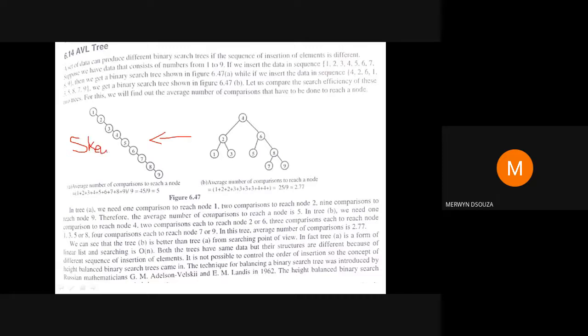Compared to skew trees, at least this AVL tree is much better, and compared to most of the other types of binary search trees. As you can see in this example, the same values are present in both trees, but since this is a height balanced binary search tree, we are getting a lower average number of comparisons.